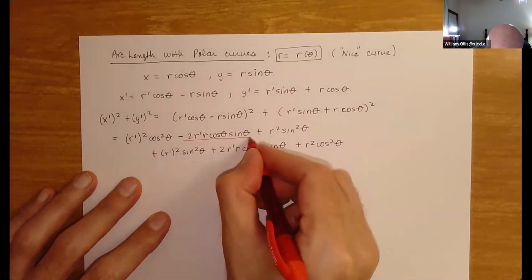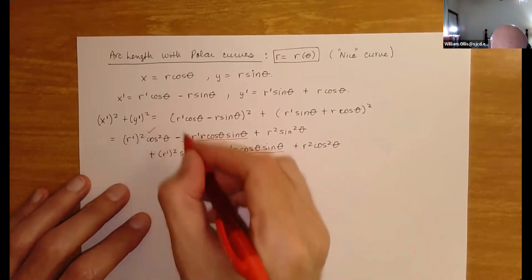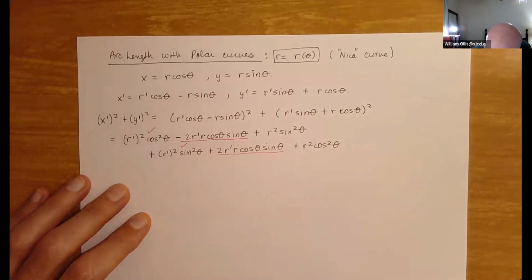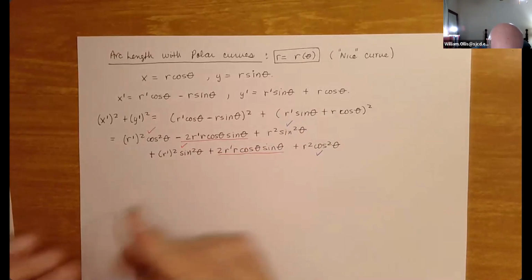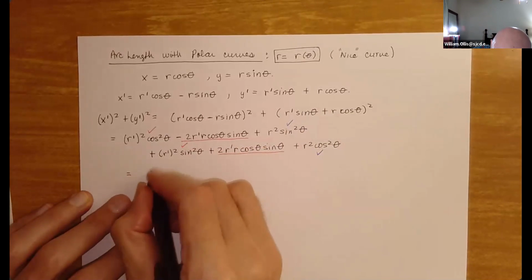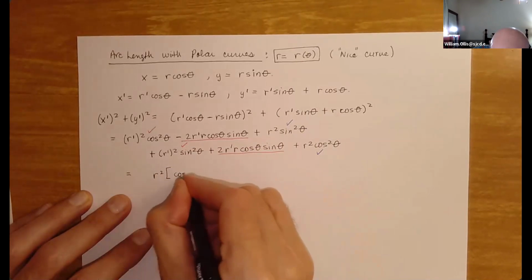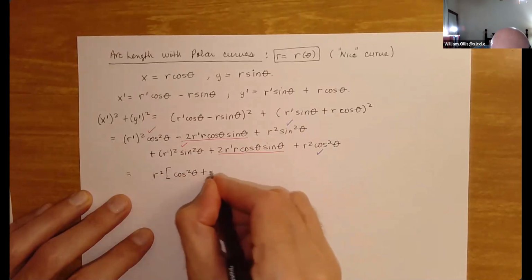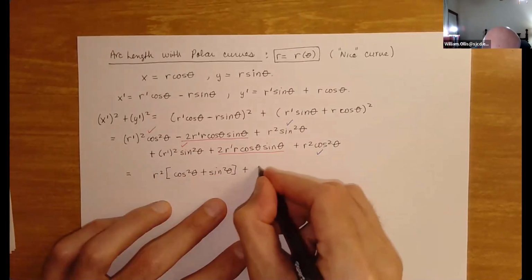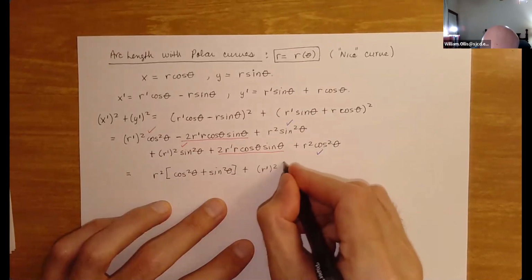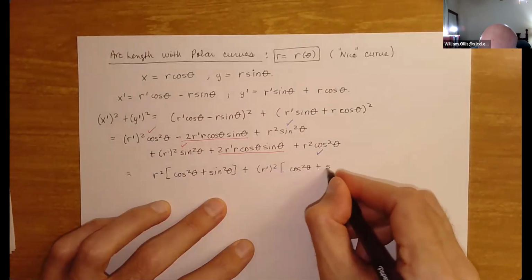Of course, these cross terms cancel. And then we can put these two together with the fundamental identity, and these two together. So this will give us r squared times (cosine squared plus sine squared) plus r prime squared (cosine squared plus sine squared).